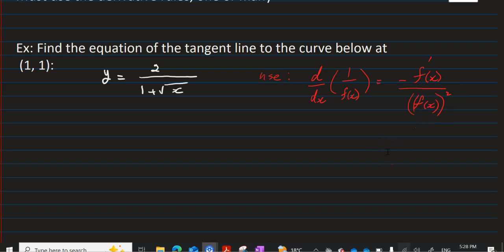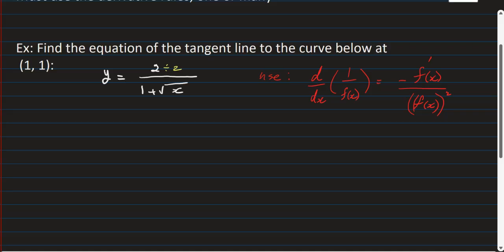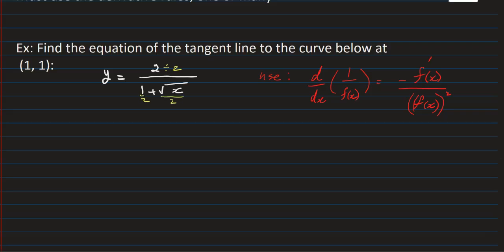All right, so we're going to make the function look like a reciprocal, even though there's a 2 up there. We're going to make it 1, so we're going to divide everything by 2. That means dividing the top by 2 and each of the terms in the denominator by 2.